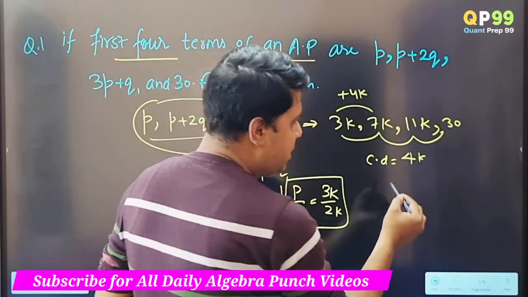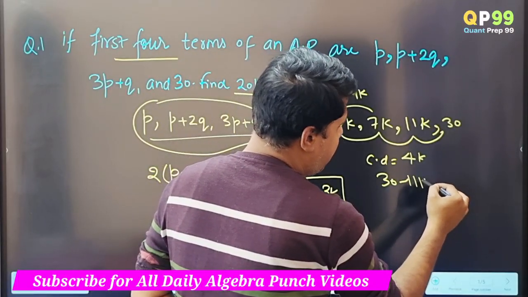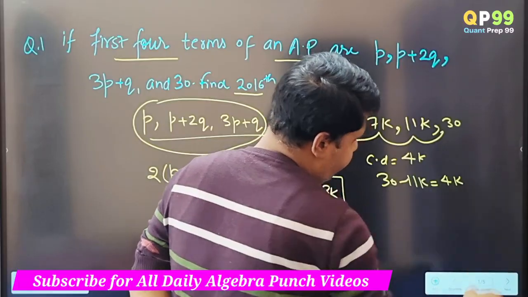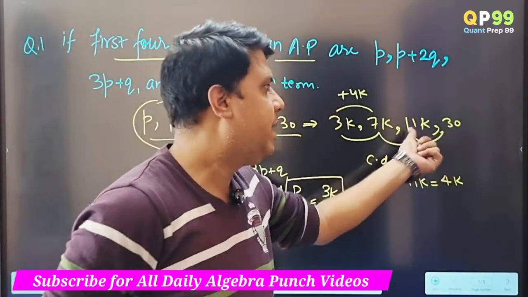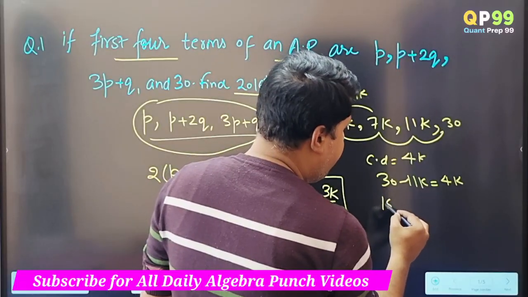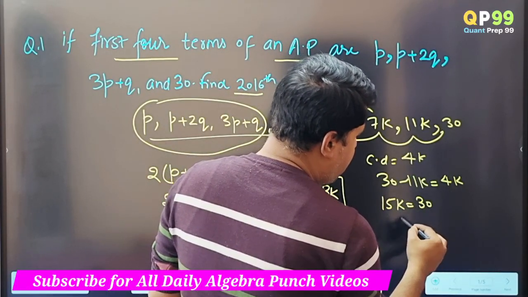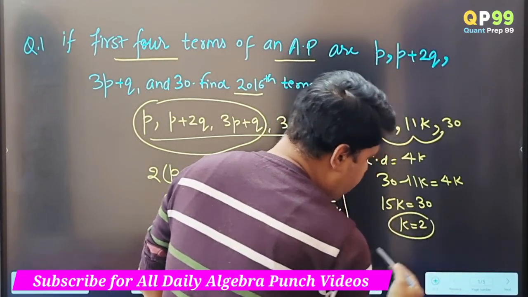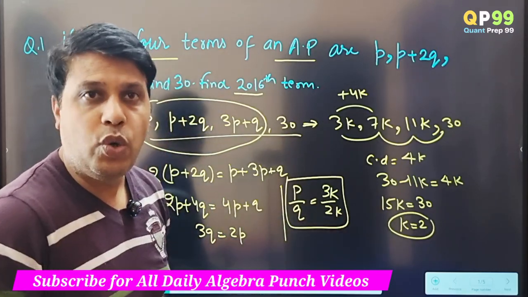So I can say 30 minus 11K should be equal to the common difference, 4K. So from here, 15 times K equals 30. So K is nothing but 2, right? The value of K comes out to be 2.